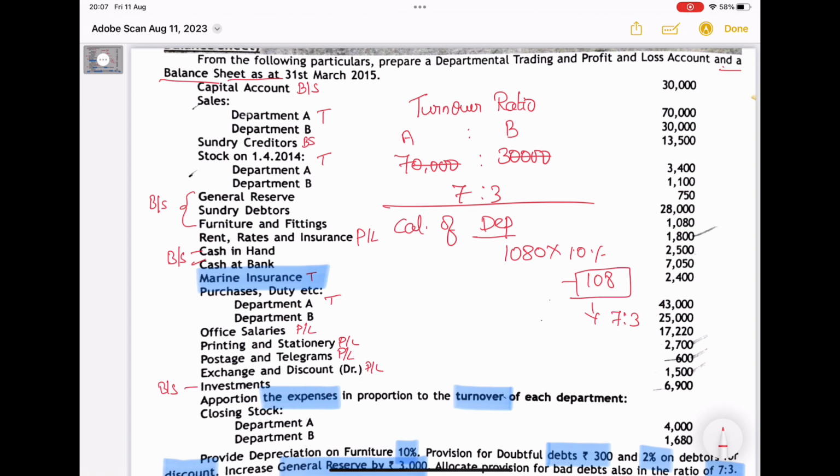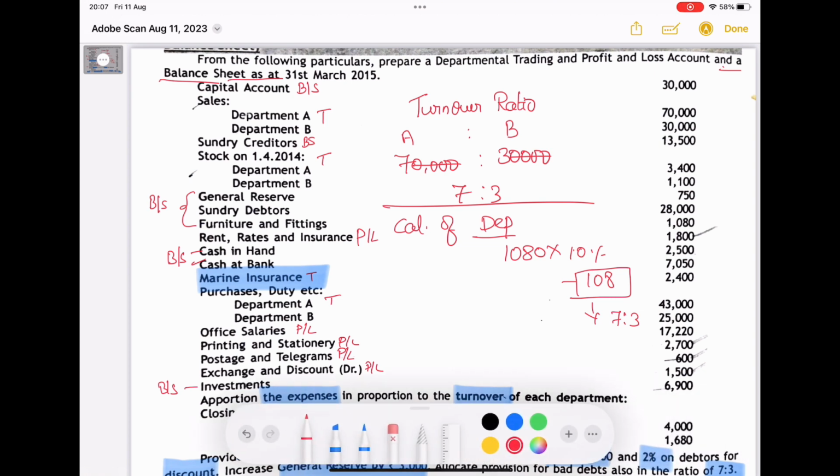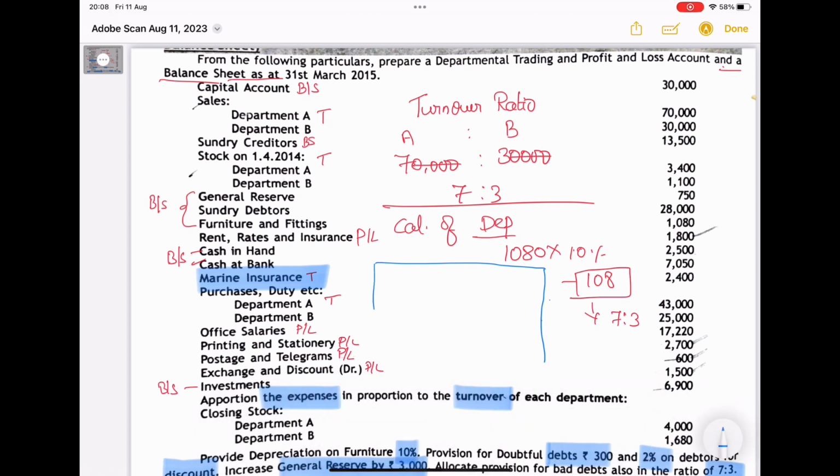Okay, I'll write it in blue color, so you can see it very clearly. I'm just calculating discount on debtors. The value of debtors they have given in the question is 28,000. For this 28,000 we are going to reduce the provision for doubtful debts which they have given here.